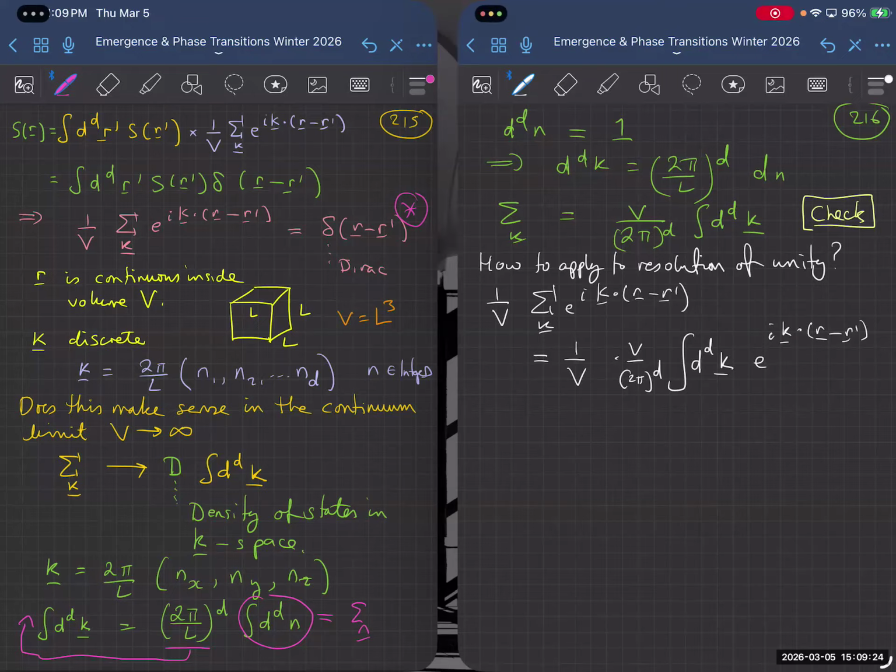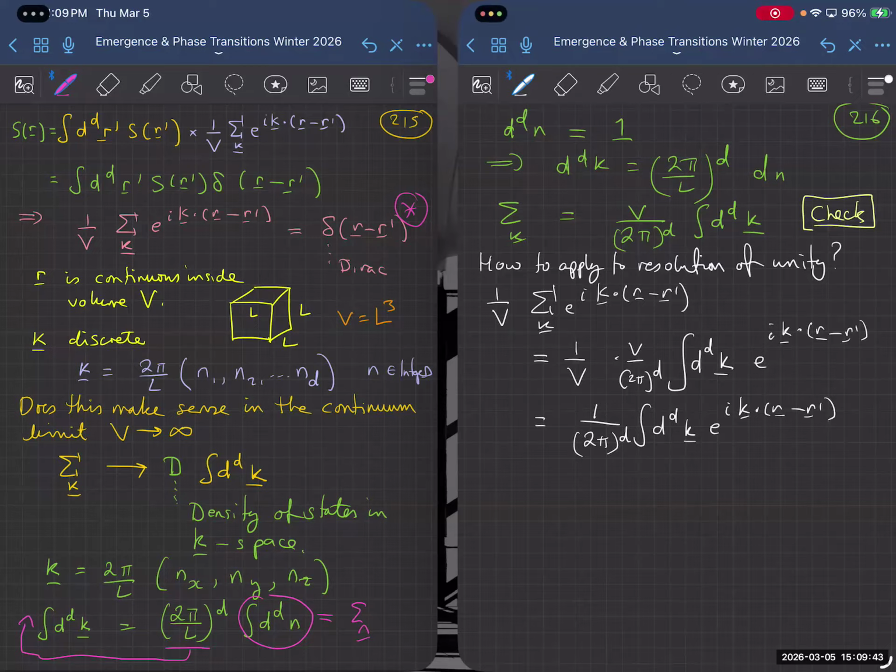We're going to take this in the continuum limit as V goes to infinity. So the V's cancel out, and I get 1 over (2 pi) to the d, the integral d^d k e to the i k dot (r minus r').